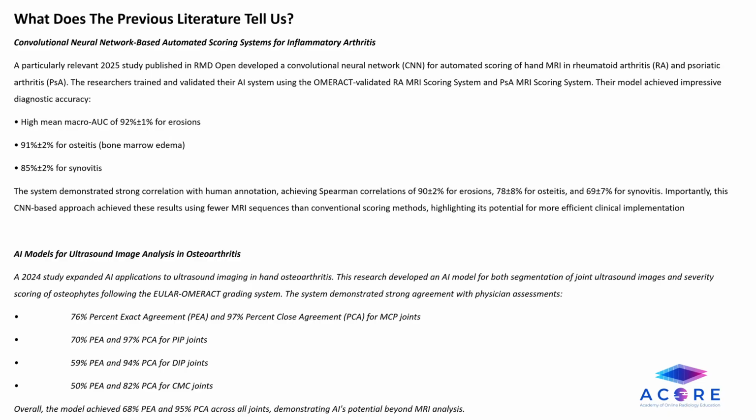And the system demonstrated very strong agreement with physician assessments all around across different joints, with a very impressive set of results for percentage close agreement for the metacarpophalangeal, proximal interphalangeal, distal interphalangeal, and carpometacarpal joints specifically. And overall, the results were highly impressive, demonstrating AI's potential beyond MRI analysis.